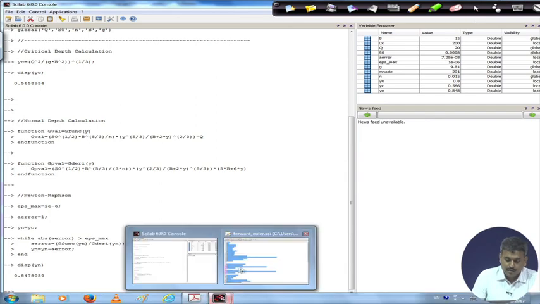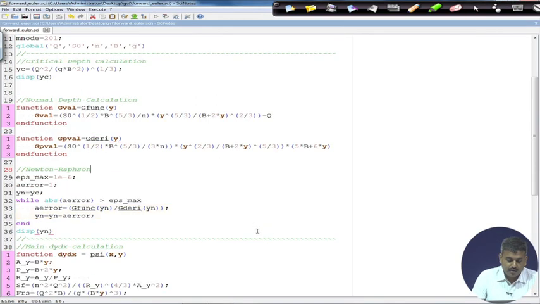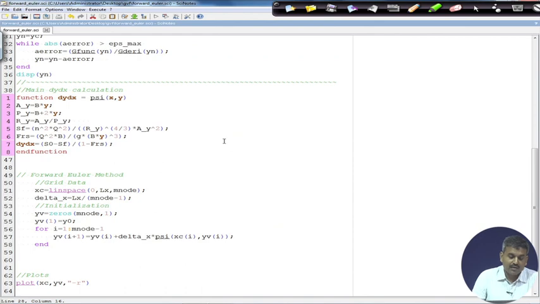Now, in this code, the next part is our main dy by dx calculation. In this calculation, this is our function psi of x, y. We have A of y, which is the area, and P of y, the wetted perimeter.